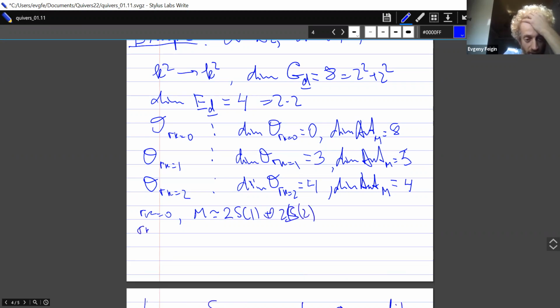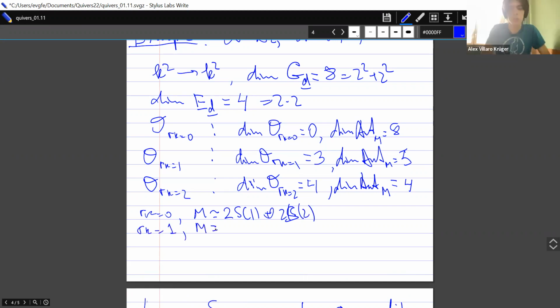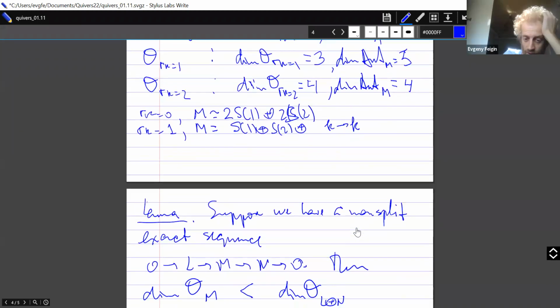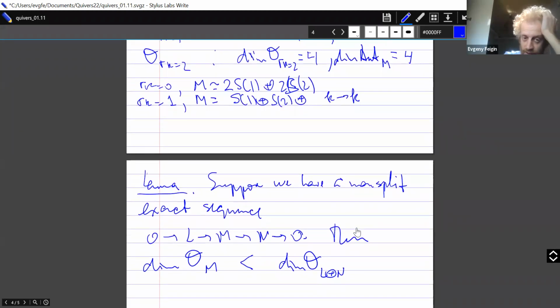And if rank is 1, what is M? So we have 3, like 1 0 and 0, and there's 2, and then the one that just maps 1 to 1. So can we now see what's happening here? So what orbit is larger? The rank 1 orbit is larger, yes? And so this means that the inequality should be on a different side, right?